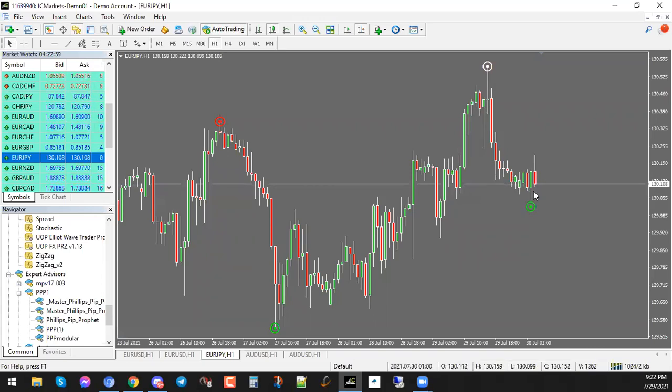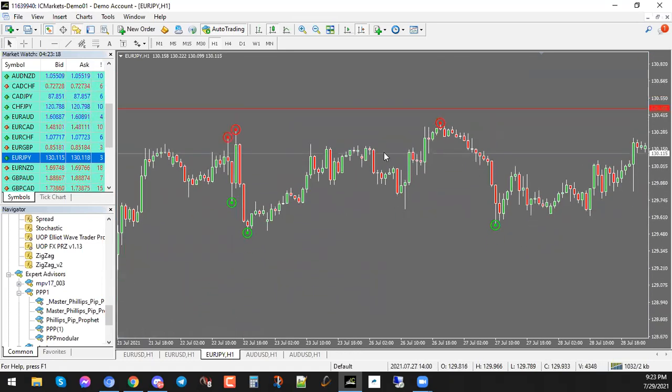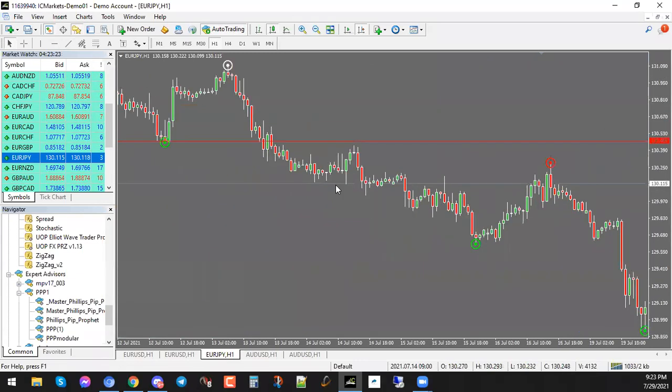So with us getting our first green dot in this area, we're going to look for some sort of consolidation here. With us getting consolidation and putting in our resistance, let us see if this is a strong area of resistance. Okay, yes, it is. You can see we have a touch here.